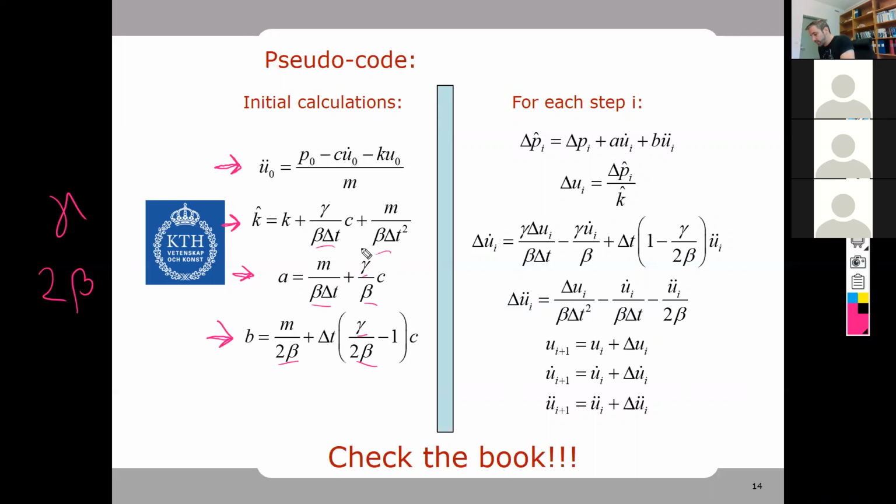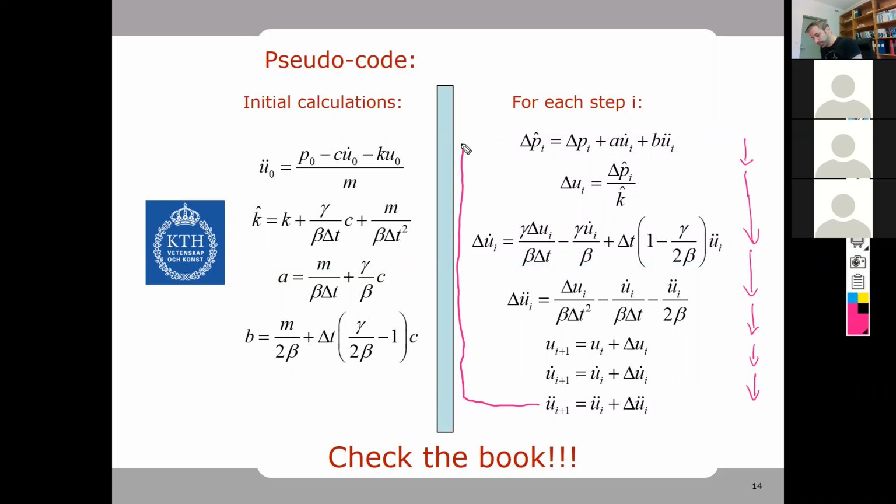And then we have the second half of the equation, which we need to loop, right? So for each time step that we want to calculate, we need to go through all these steps. And once we have calculated all of it, then we go back and proceed to calculate them again with our new values of the speed, the displacement, and the acceleration.